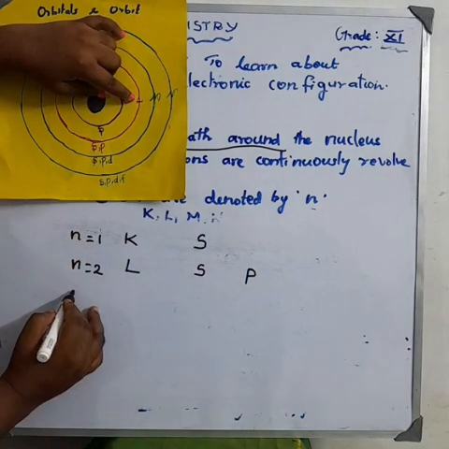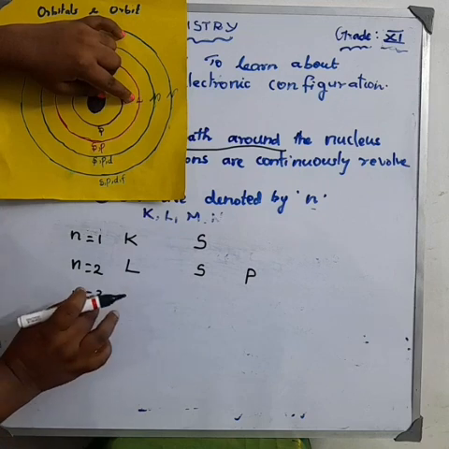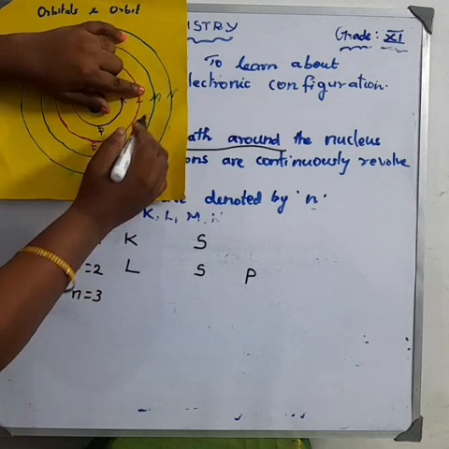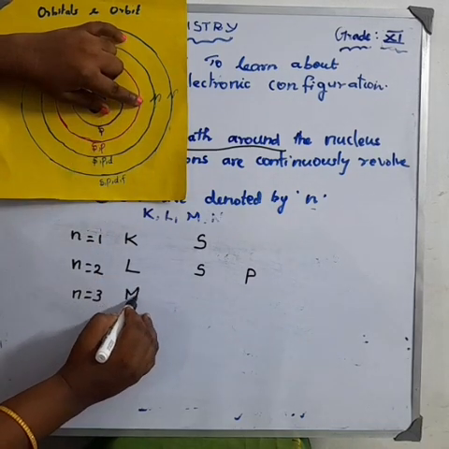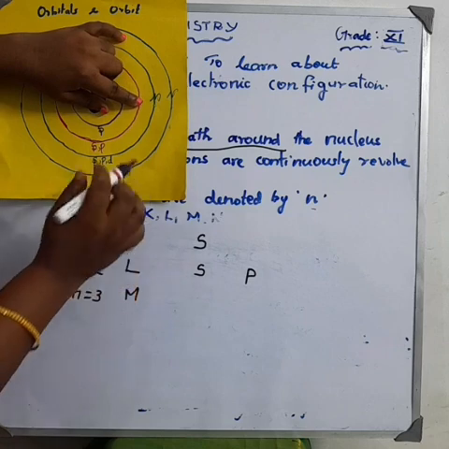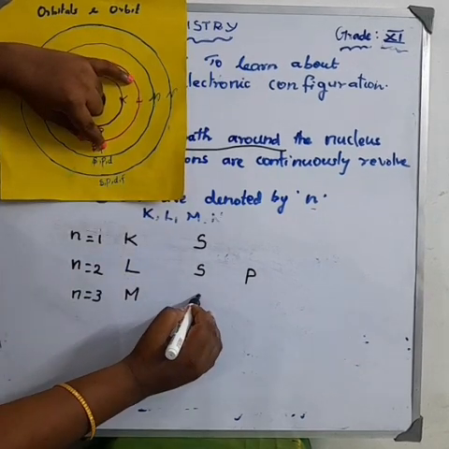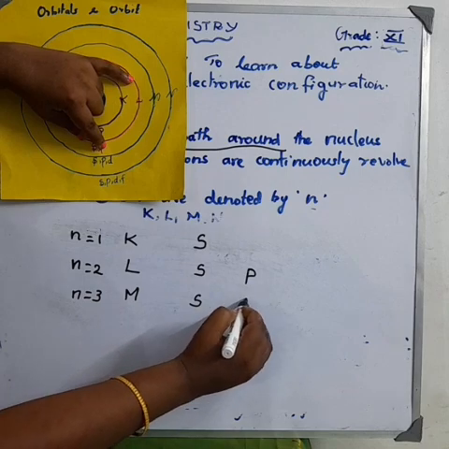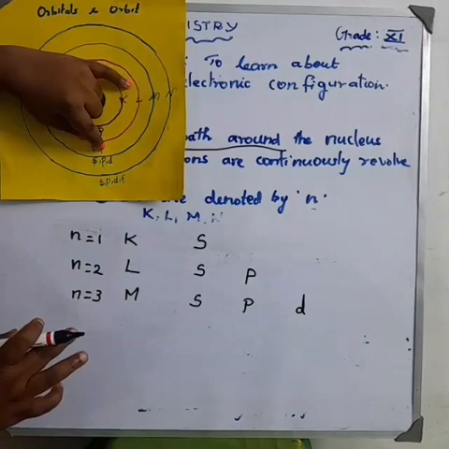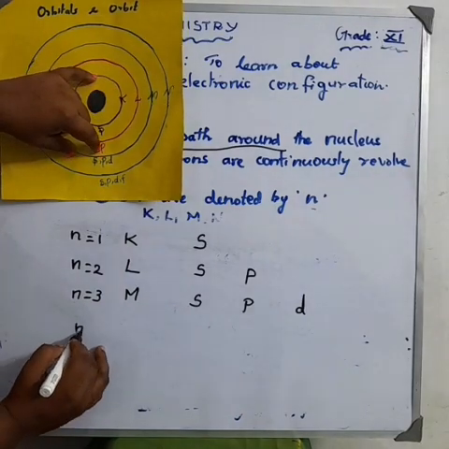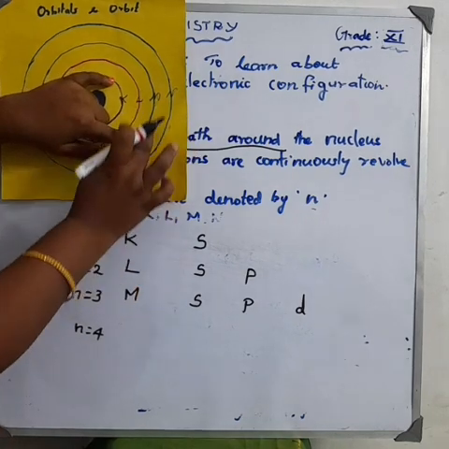Okay, and then n is equal to 3. N is equal to 3 means third orbit. The third orbit name is M. So here three subshells are there: S, P and D. And n is equal to 4 means fourth shell.